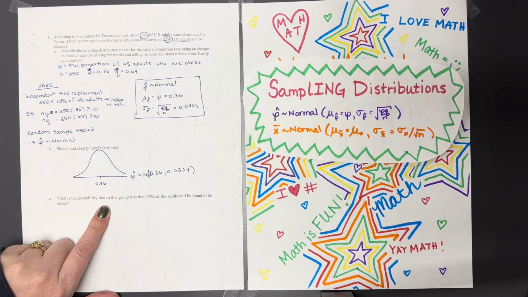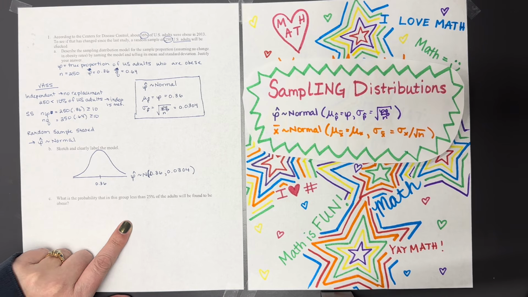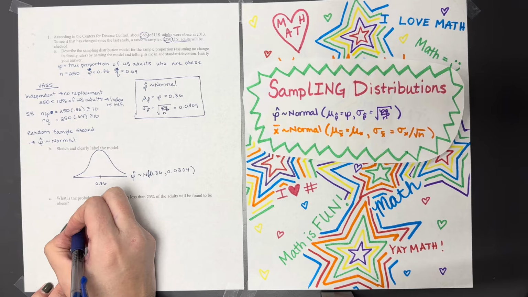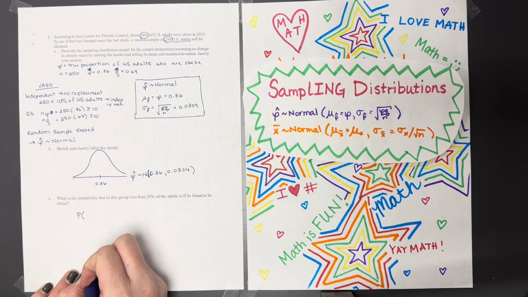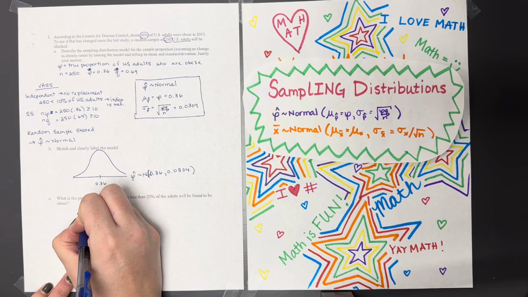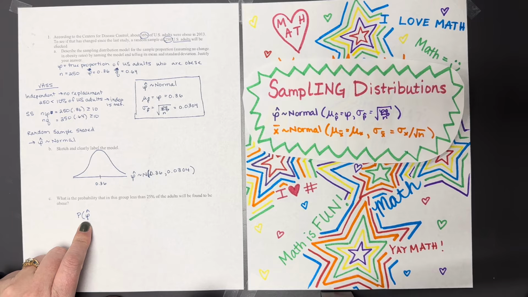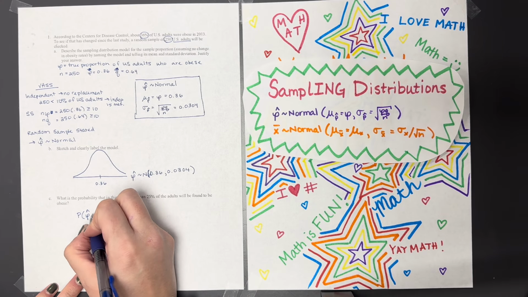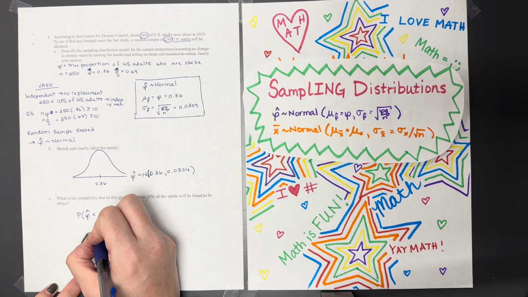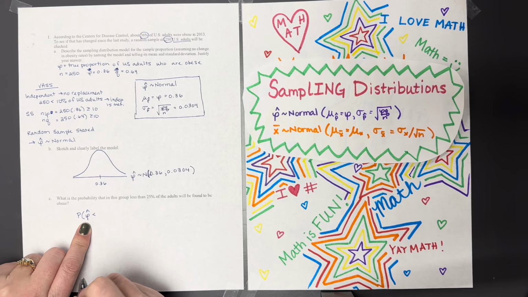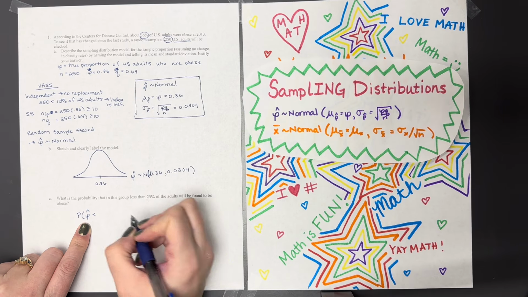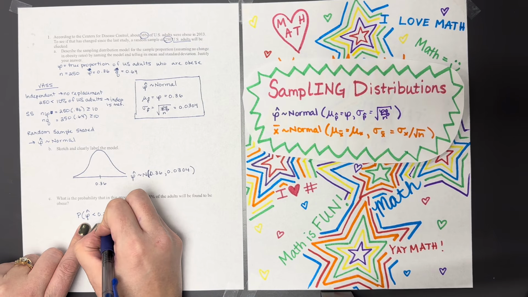What is the probability that in this group, less than 25% of adults will be found to be obese? So in probability notation, this is asking what is the probability that a sample of 250 individuals will have a proportion of obese adults that is less than 25%.